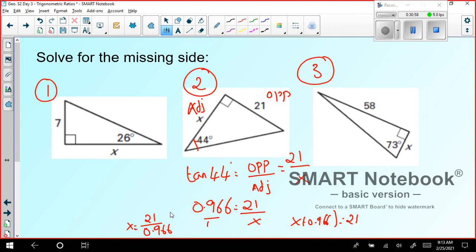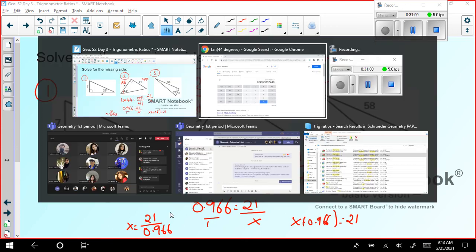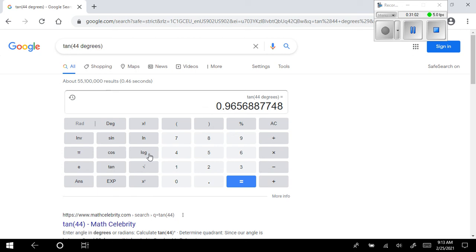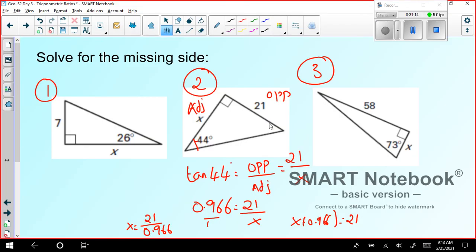Let's use the calculator once again. So I have 21 over 0.966 and that gives me the answer as 21.739. So x equals 21.739.